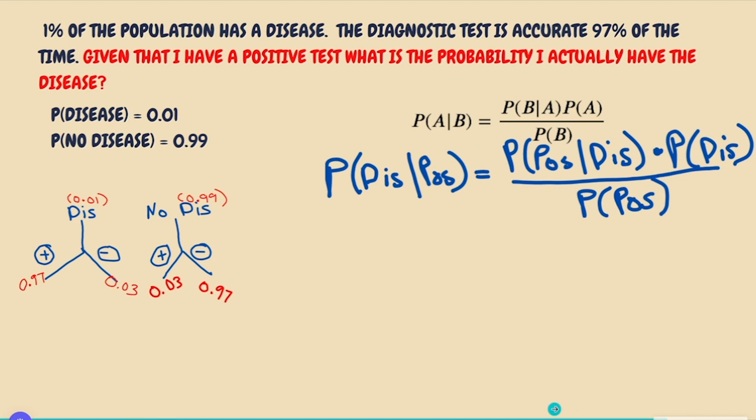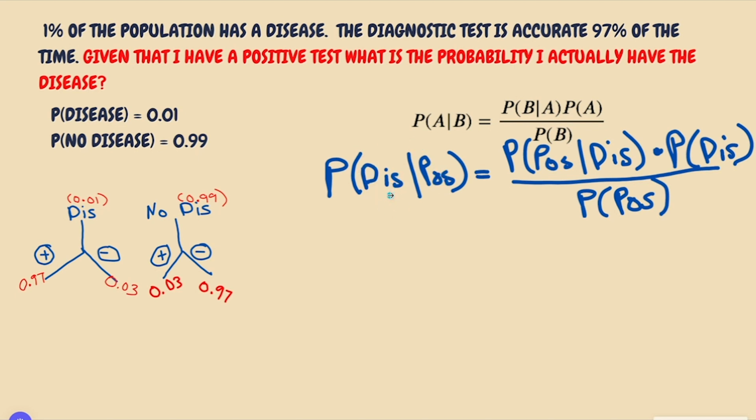Now let's actually take that and apply that to our Bayes theorem formula. So once again, the Bayes theorem formula is up at the top, but we actually drew out exactly what we're looking for. So my question was, given that I have a positive test, so that is going to be on the right-hand side right here, what is the probability I actually have the disease, which is now on the left-hand side.